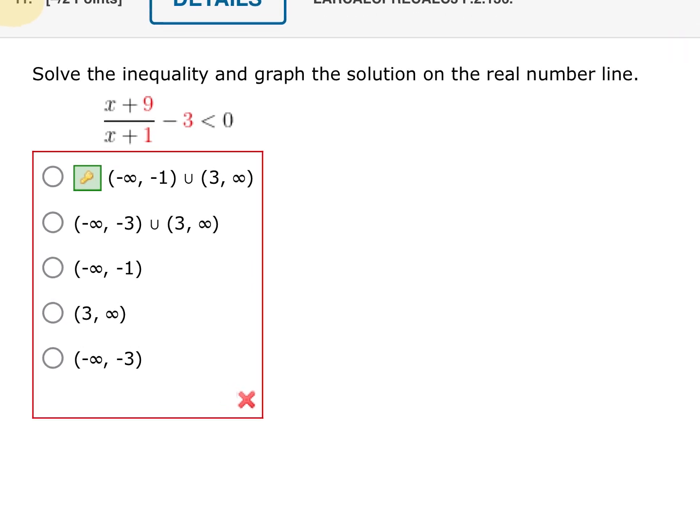So what do I need if I'm adding or subtracting fractions? Common denominator. So I'm going to make it 3 over 1 and multiply the top and the bottom by x plus 1. So we get x plus 9 minus 3 times x plus 1 on top and x plus 1 on the bottom. It's less than 0.